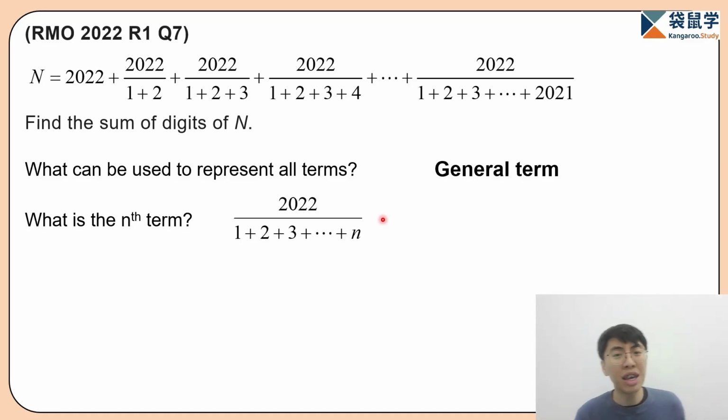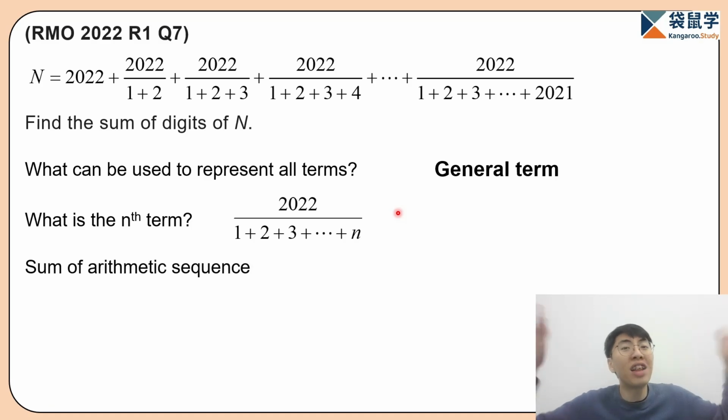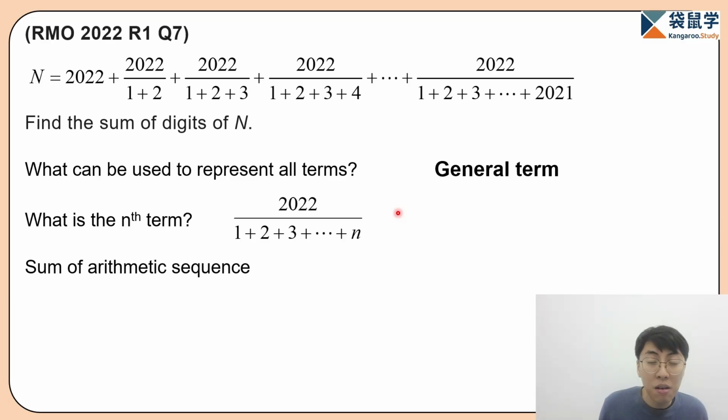So with that being said, can I simplify this general term? The answer is yes, right? For an arithmetic sequence, how do I calculate the sum? For those of you who have followed my last few videos, you will know that the sum of an arithmetic sequence is the first plus the last, multiplied by the number of terms, divided by 2.